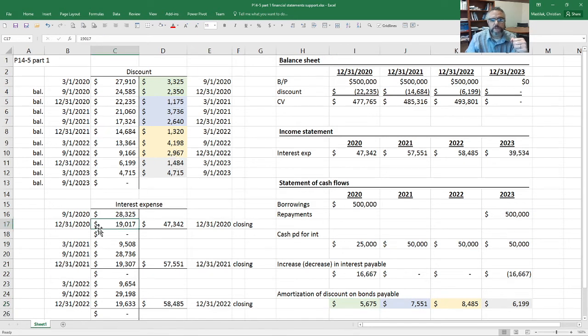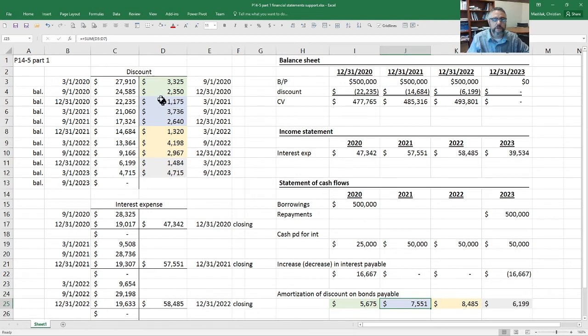Same thing here, we recorded 19,017 of interest expense, but we're only planning to pay 16,667 of cash on that. So that difference is 2,350. So that's a non-cash expense. So both of these show up in our operating section. In our operating section, we've got to add back the amortization on discount. Same thing, so we can do that for every year.